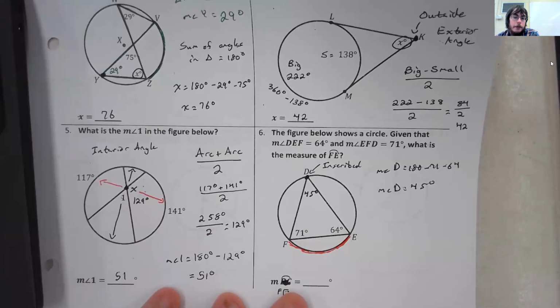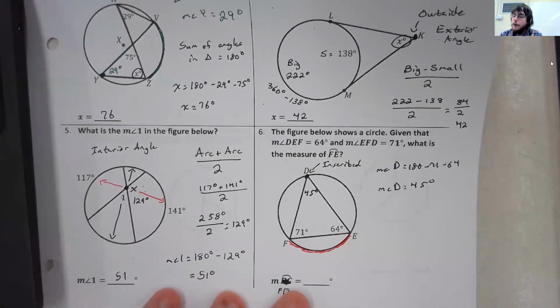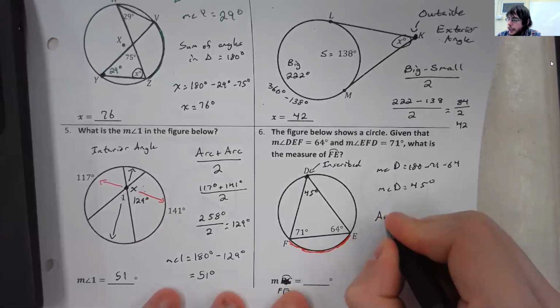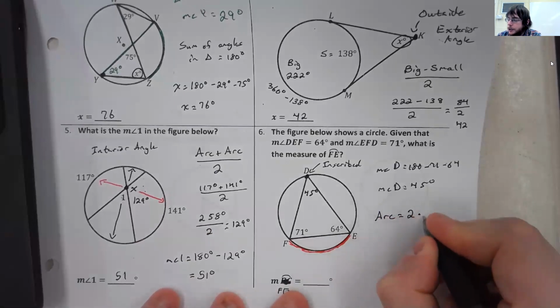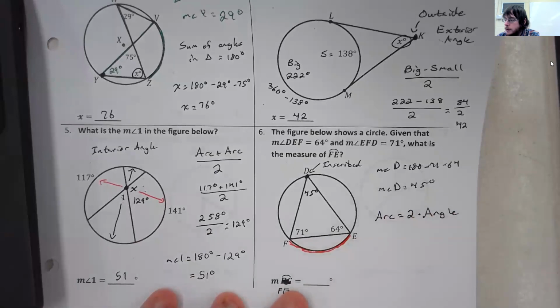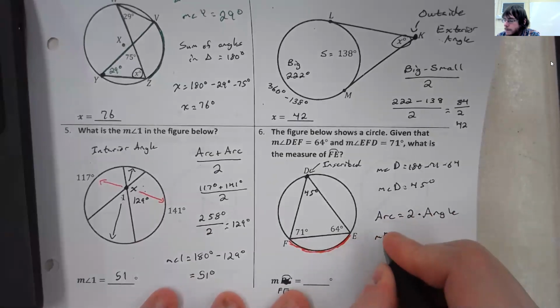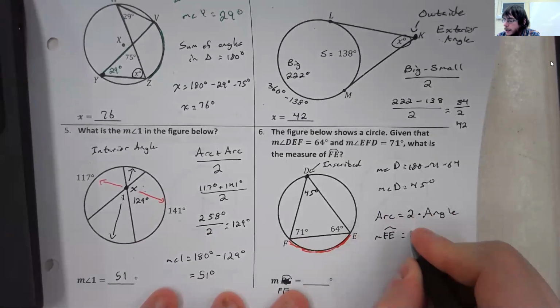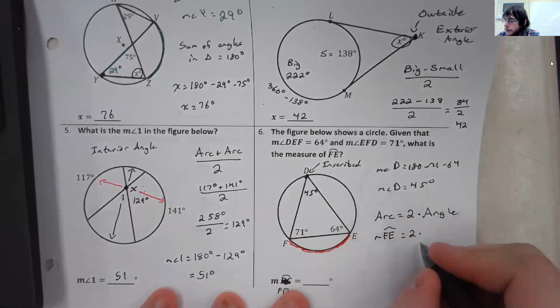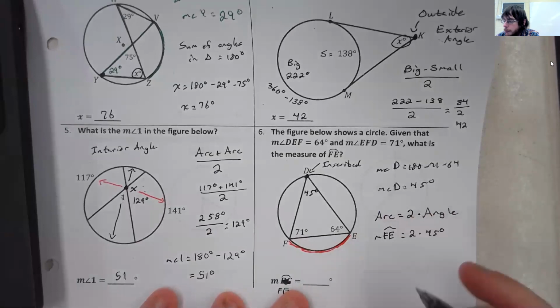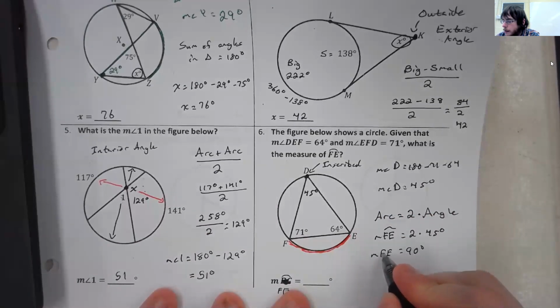But this time we're looking for the arc instead of the angle. So if the angle is 1/2 of what the arc is, then the arc must be twice what the angle is. So your arc is FE. Your angle is 45 degrees. You multiply it by 2, and you get that the measure of arc FE is 90 degrees.